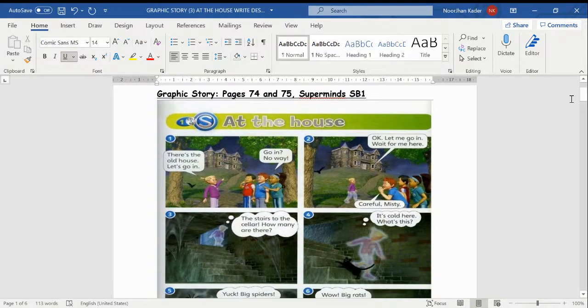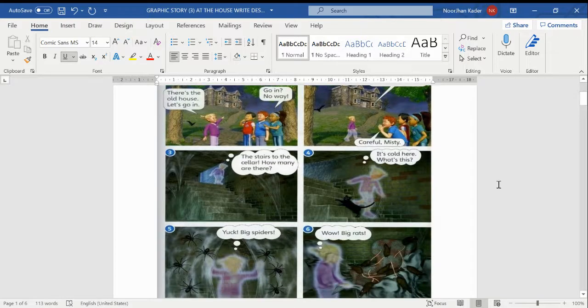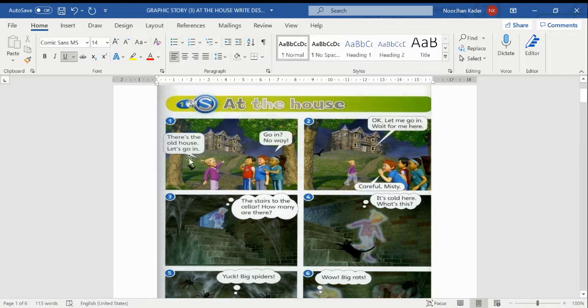No other place has been described in the story. It is not in the dialogue, but from the first frame you can see that all the four super friends are in the garden. So the super friends are in the garden of a big old house. Even though it is not in the description or the dialogue, you can still see there is a garden here.